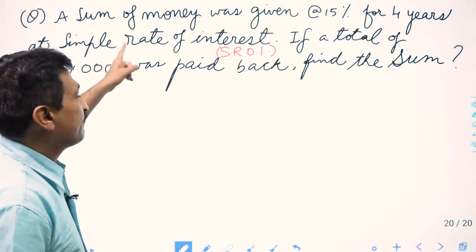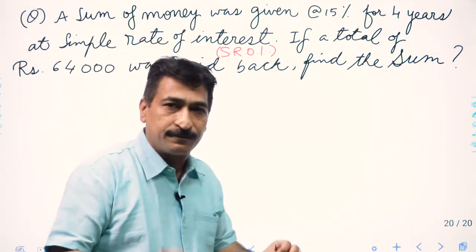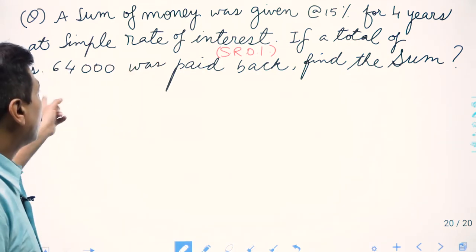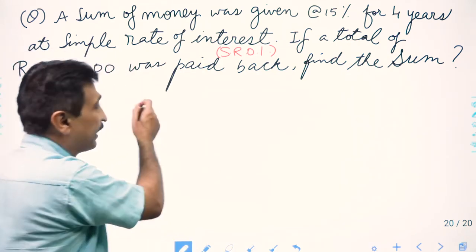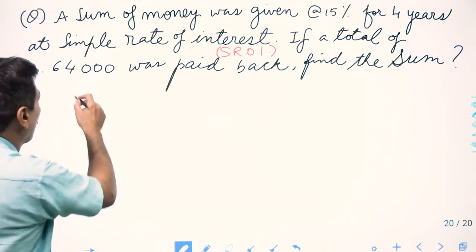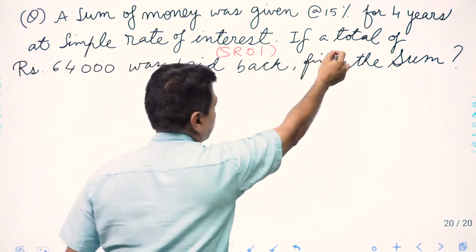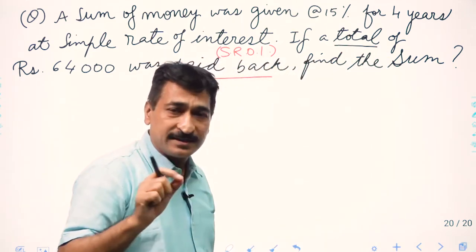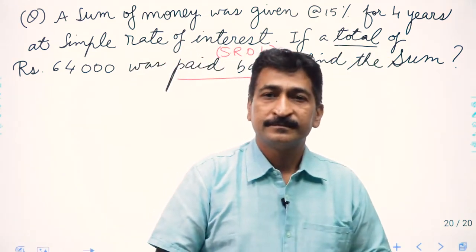So a sum of money was given at 15% for 4 years at SROI. If a total of rupees 64,000 was paid back, find the sum. Mark the words, a total of 64,000 was paid back. Now what is this 64,000? Is it principal?